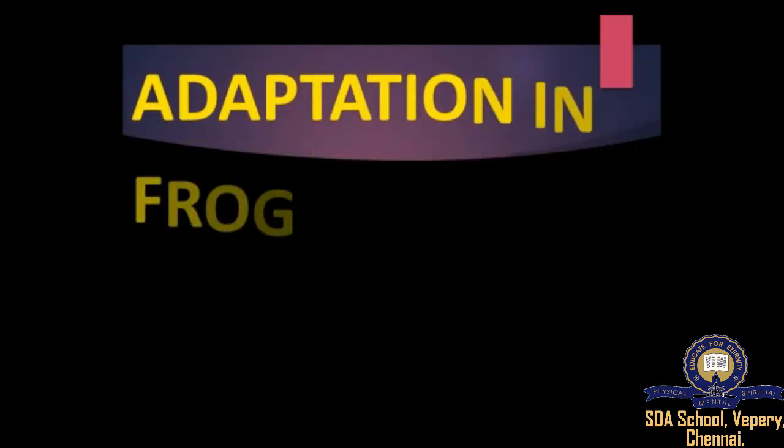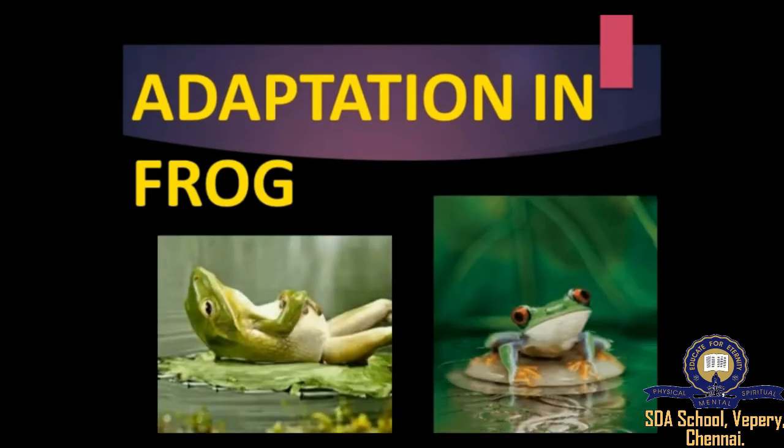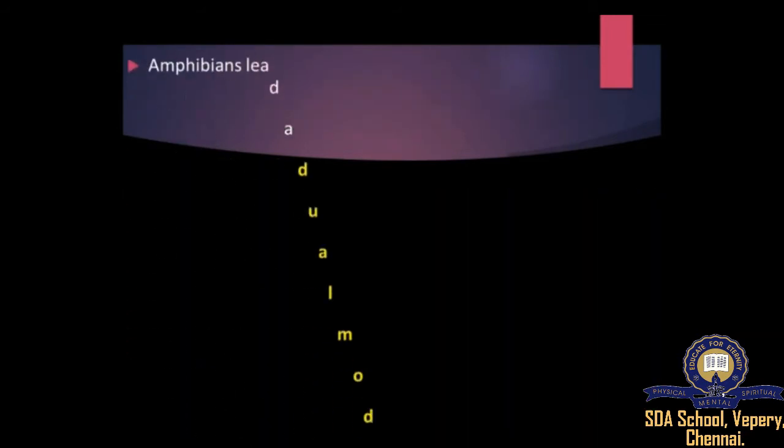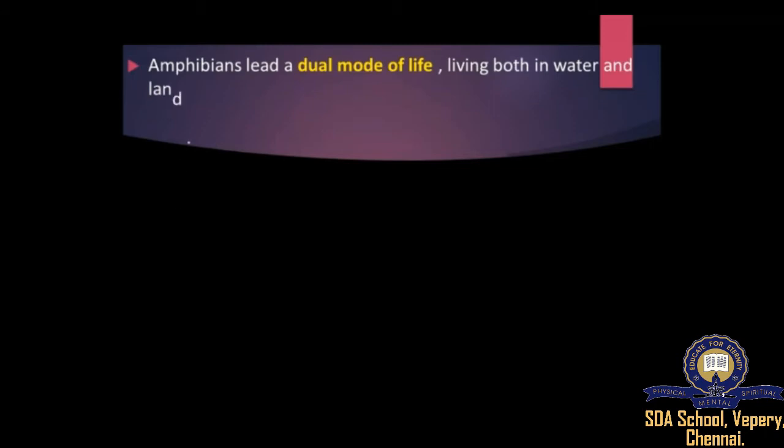First we'll move on to adaptation in frog. Amphibians lead a dual mode of life, living both in water and on land. What are amphibians? They are small vertebrates that need water or a moist environment to survive.